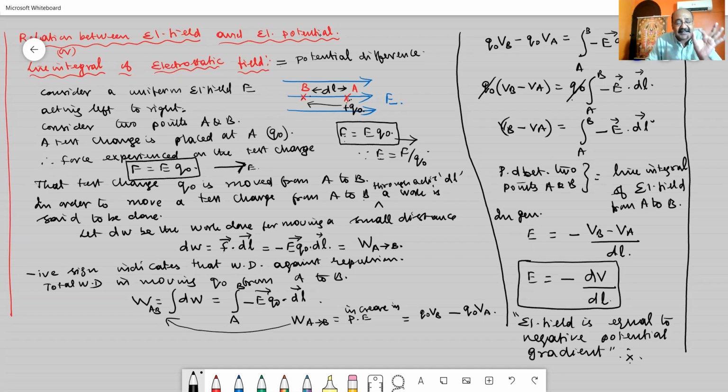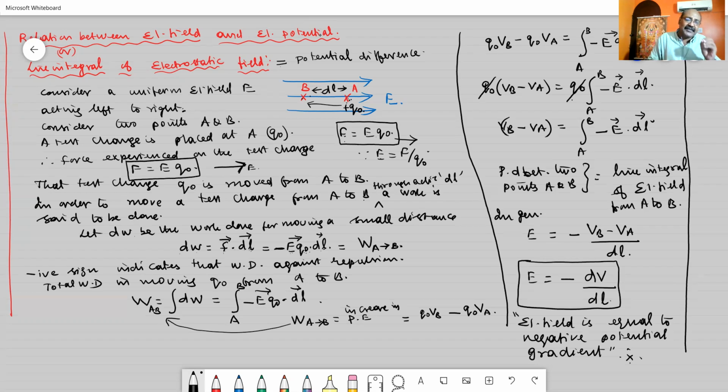In general, work done is equal to force into displacement, dot product. So F vector dot dl vector. But we have already represented force F as EQ0. So I am writing E Q0 vector dot dl vector, and I am introducing a negative sign inside.